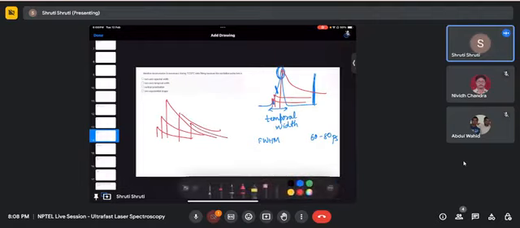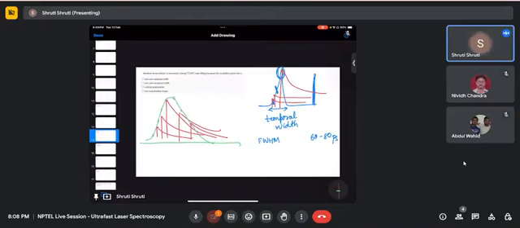Now here the lifetime will be tau equals A1 tau 1 plus A2 tau 2 plus A3 tau 3. So if you do that, what you will get: A1 is 0.5, tau 1 is 0.3. A2 is 0.4, tau 2 is 1, and 0.1 into 3.